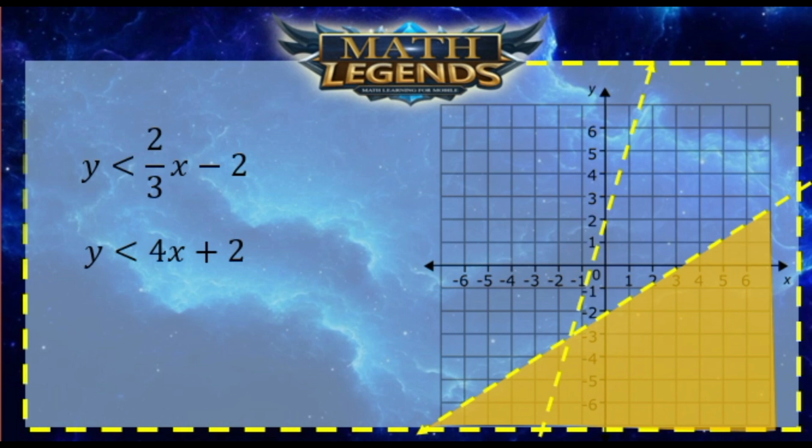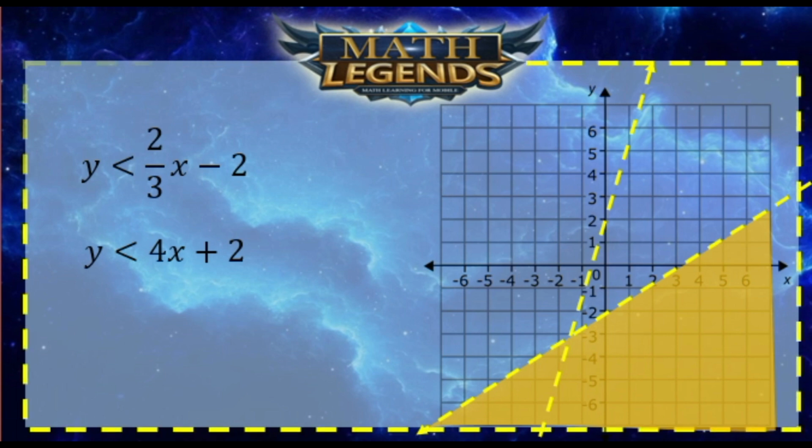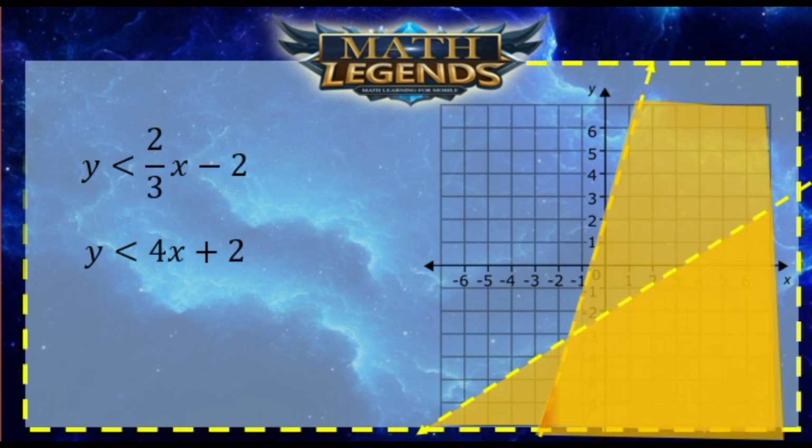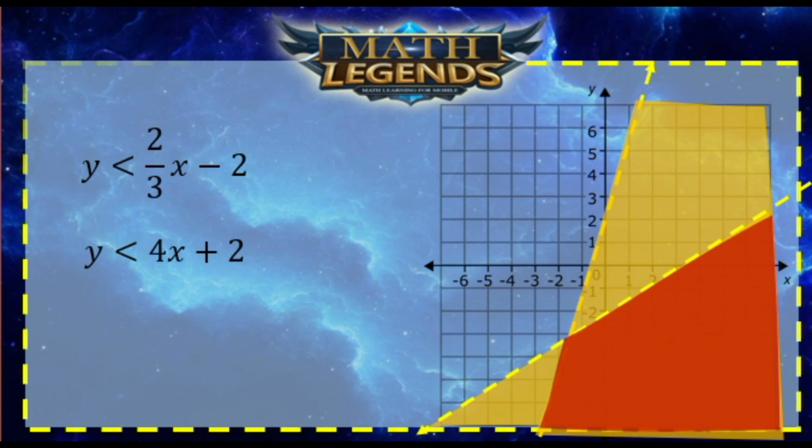We're going to use a broken line representing the line is not included as part of the solution. And since it is less than, we're going to include those points that are below the broken line. Those points that are shared by these two linear inequalities will be the solution of this system.